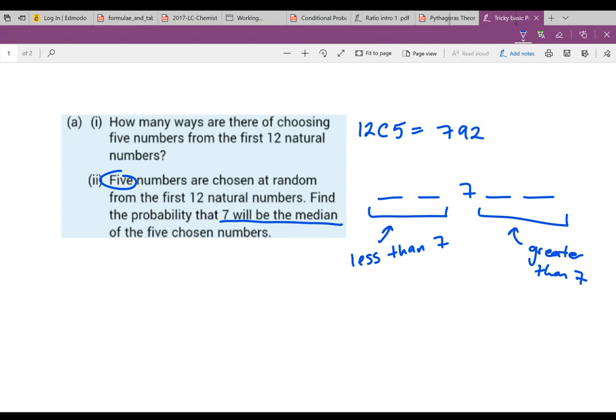So I'm going to choose 2 of the numbers 1 to 6. So there are 6 numbers there. I have 6 choose 2, so that is 15 options.